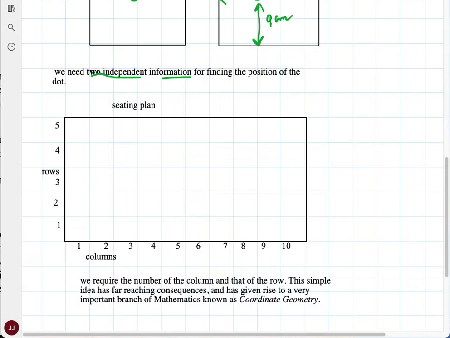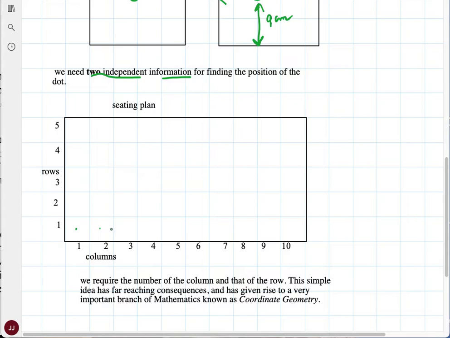Let's say we have the desks arranged in an order. So let's represent each desk by one square here. Each desk represents a square. So in each square we can write the student occupying the desk.